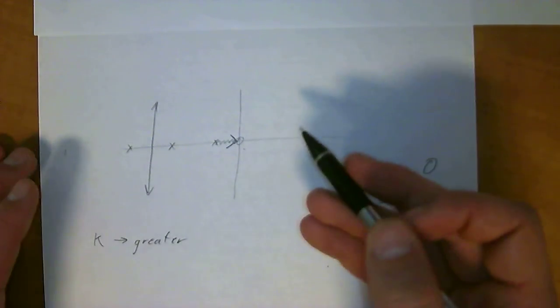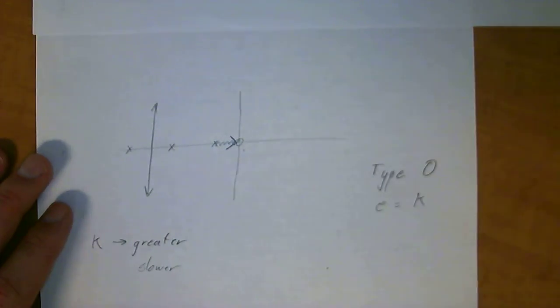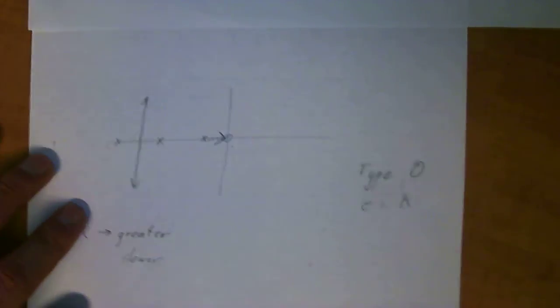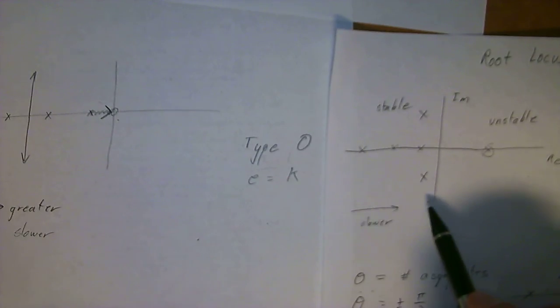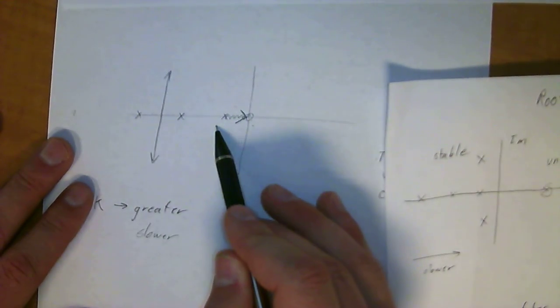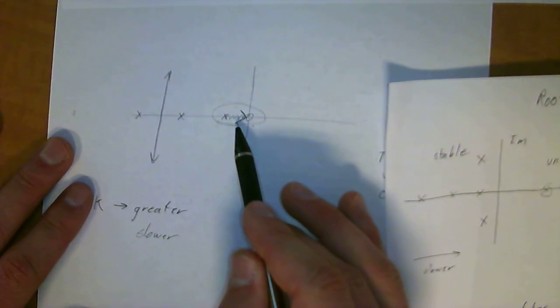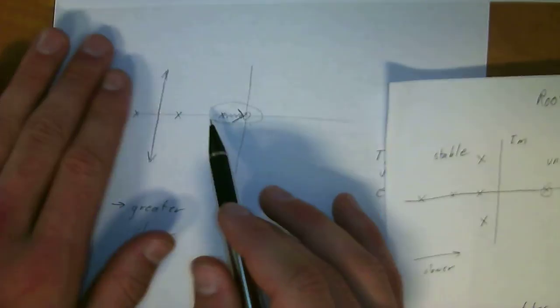Remember how earlier I said that with this picture, as you move closer to the origin, everything gets slower? Well, if you look at this, there's a dominant system right here in this picture. This is actually something you're almost going to ignore because it's so far to the left that its impact on the system as a whole doesn't really matter.